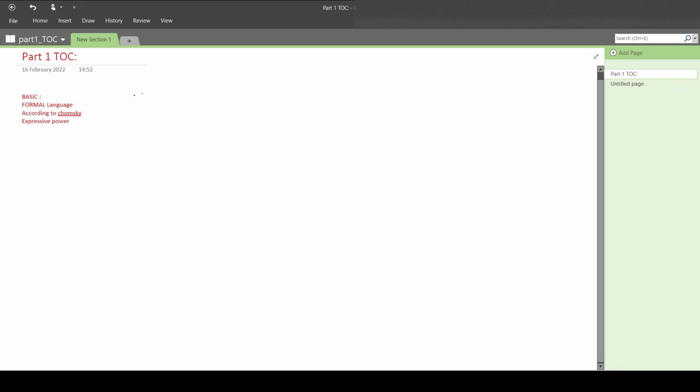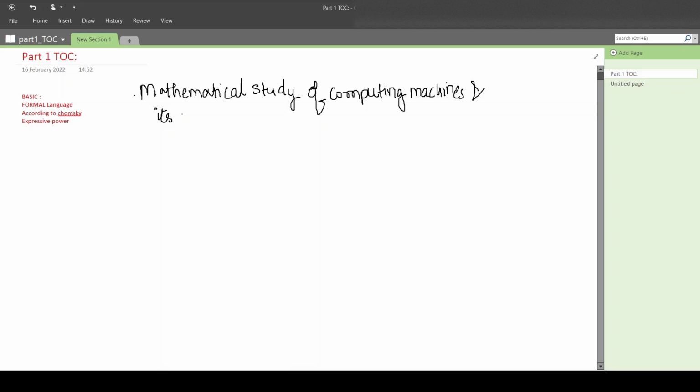TOC is the mathematical study of computing machines and its capabilities. This is what TOC is about.